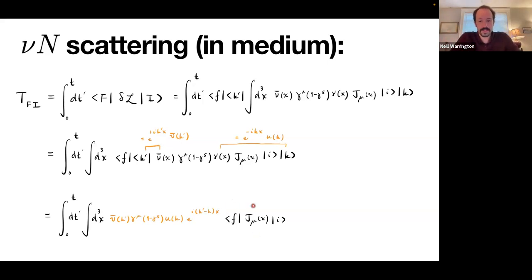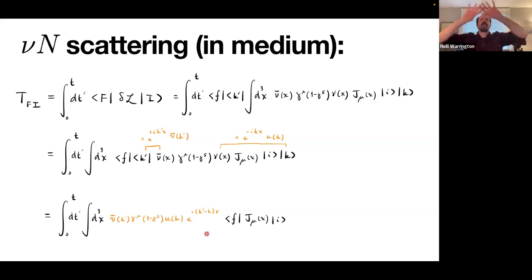However, what's left over is a matrix element of hadronic currents in some crazy state that you don't know. This is hard, and we're just going to leave it like this. But my main upshot is that this matrix element looks like a space-time integral over some Fourier factor, a contraction of leptonic stuff, and a really hard thing to calculate.